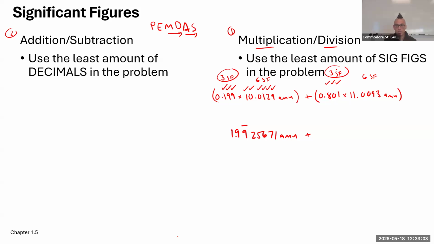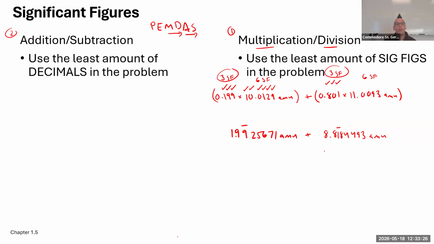All right, 0.801 times 11.0093. I got 8.8184493 AMU. Okay, we're going to use the 3 sig fig thing again. I'm just going to put a line there.